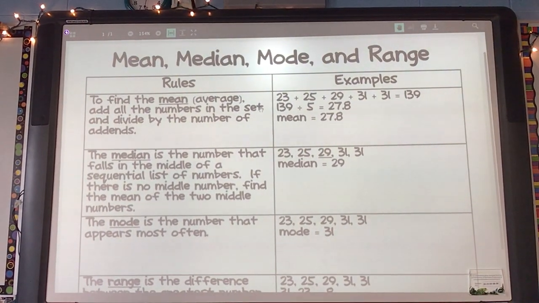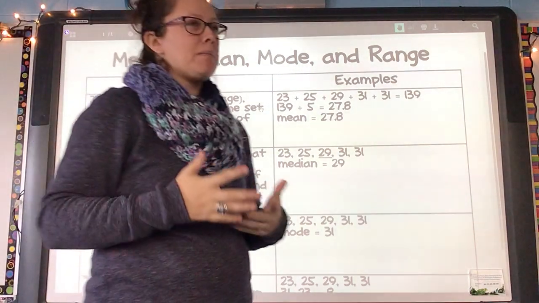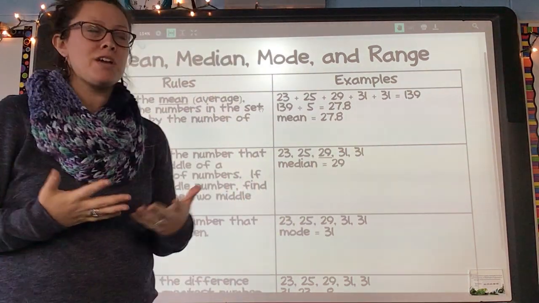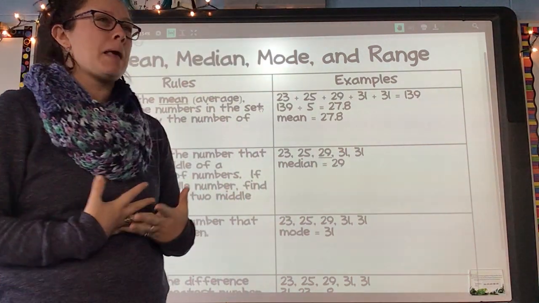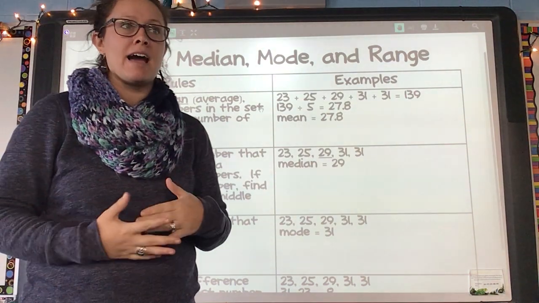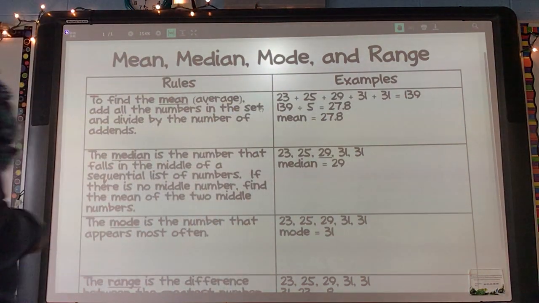This will help you. It gives us the rules for our mean, median, mode, and range, and it also gives us an example. Sometimes it's easy to see a definition, but maybe you're a little confused on how to apply that. So it's nice to then have that example.